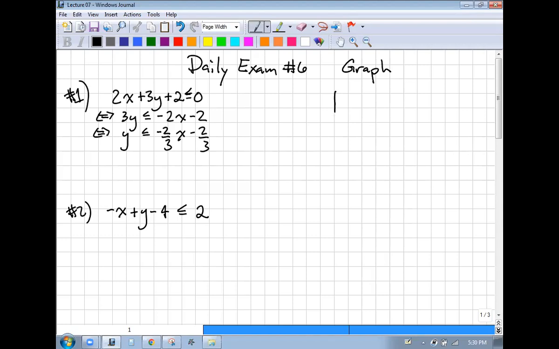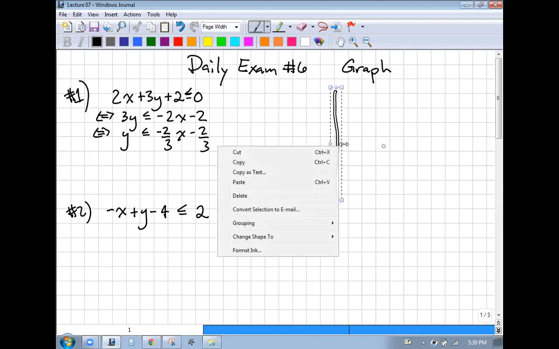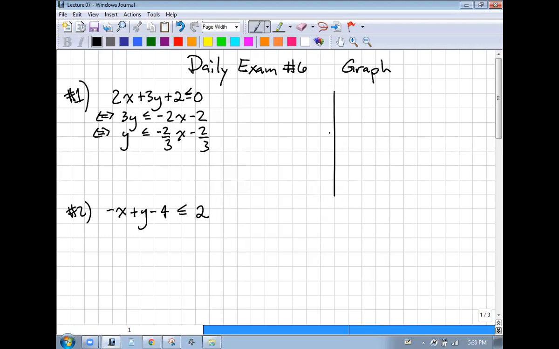This one's going to be ugly to graph because it's thirds. So instead of making each tick mark worth 1, we'll make it worth a third. So 1/3, 2/3. That point right there will be 0, negative 2/3. Each tick mark will be worth a third.